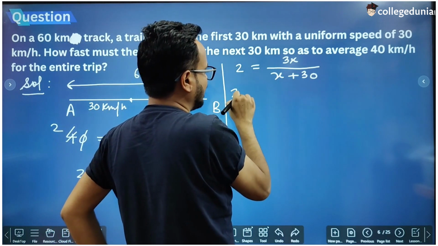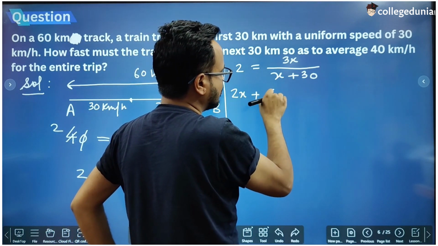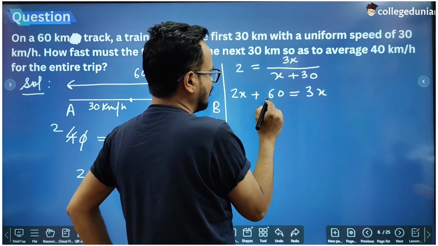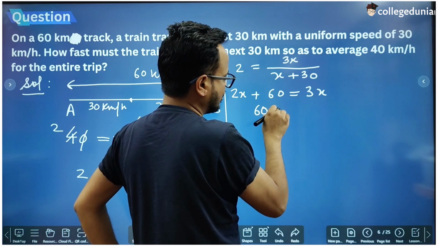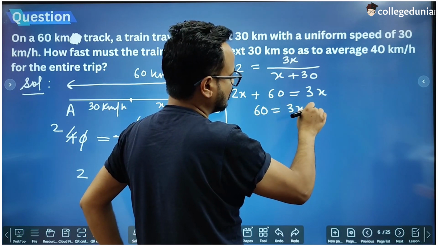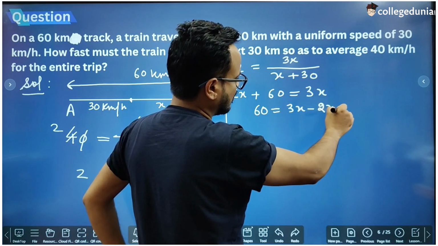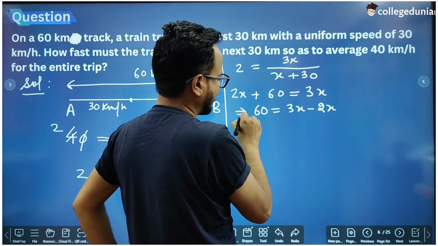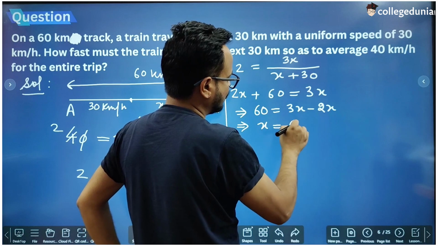Cross multiply: 2x plus 60 equals 3x, which gives 60 equals 3x minus 2x. So x is 60.